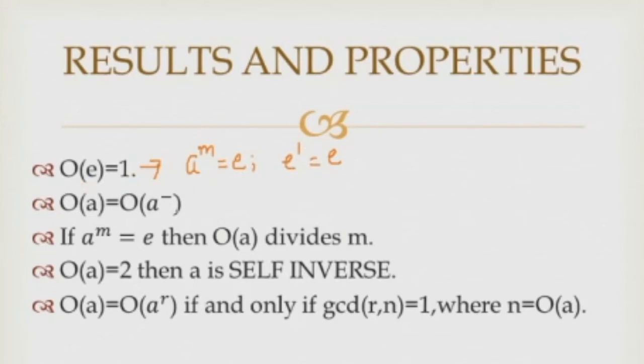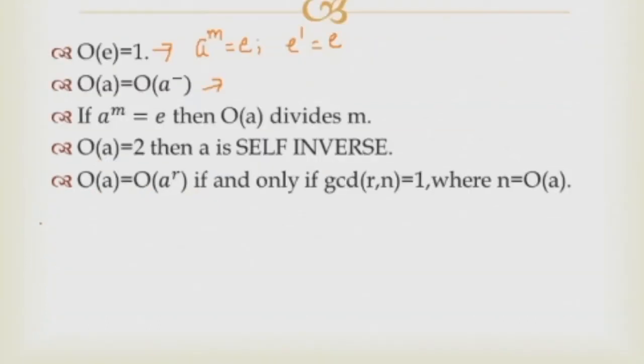Second is, whenever you know the order of an element, you also know the order of its inverse. Let us say that the order of a is n. That means n is the smallest positive integer such that a raised to the power n is the identity. Whenever we take a raised to the power n in a group, we are taking n copies of a under the binary operation.